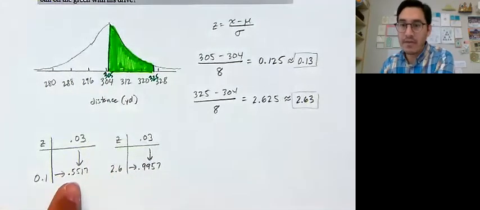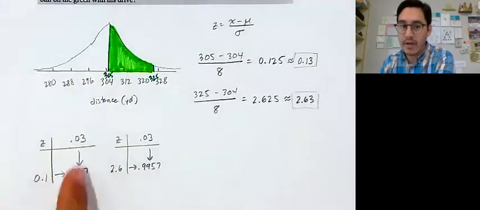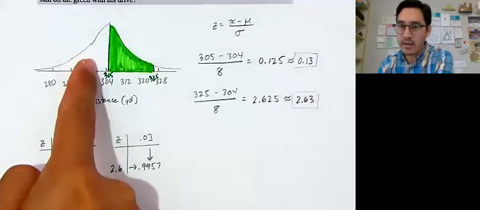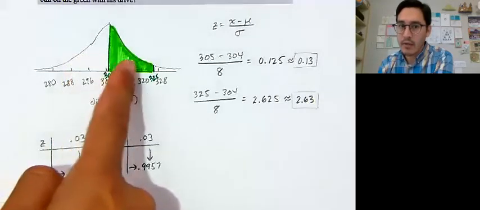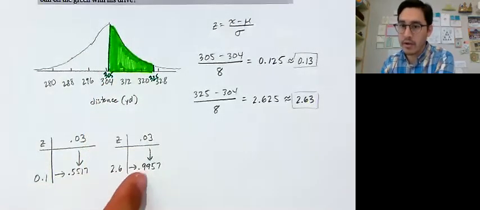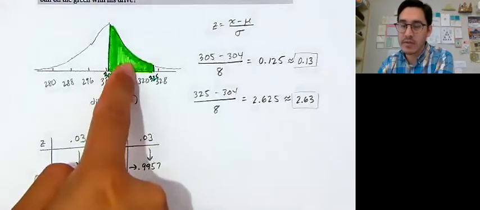The 5517, the 55%, is telling us the percent of drives less than 305. So this percentage is the area of this unshaded tail. If we want just the area of the green shaded region, we're going to take the larger percentage and subtract the smaller percentage, and that will give us the difference. The difference is what we want here.